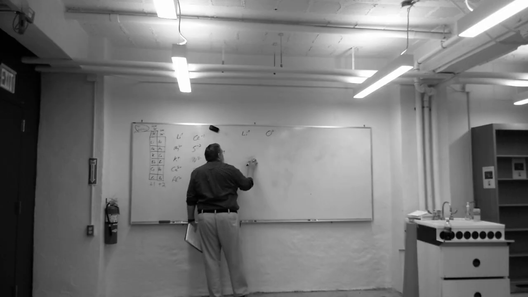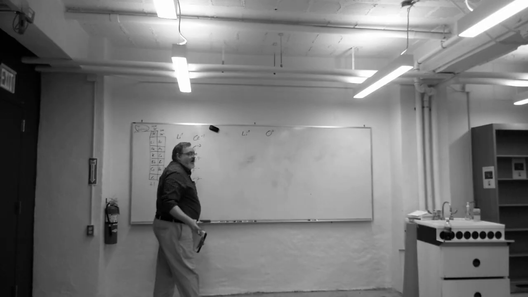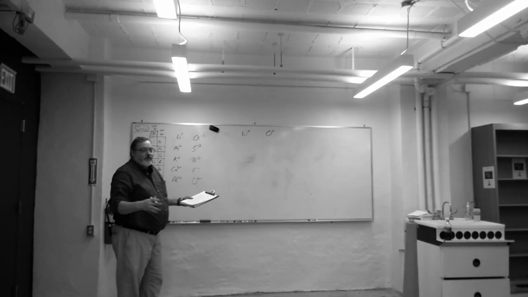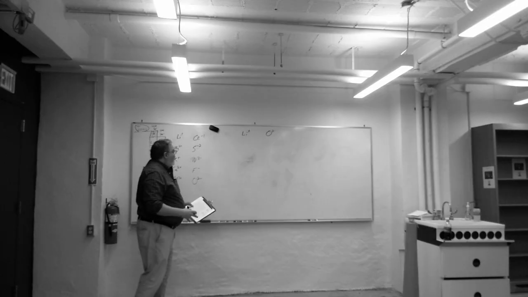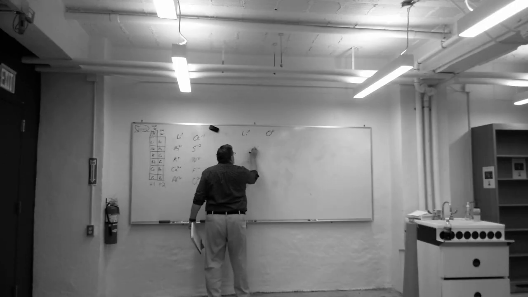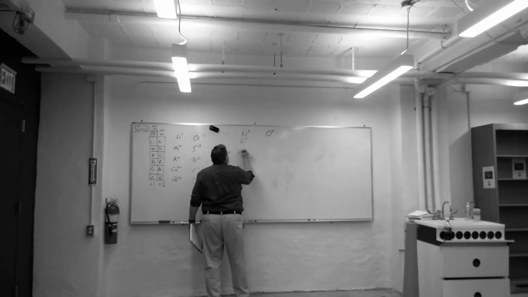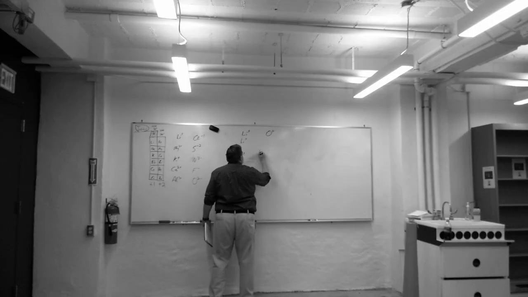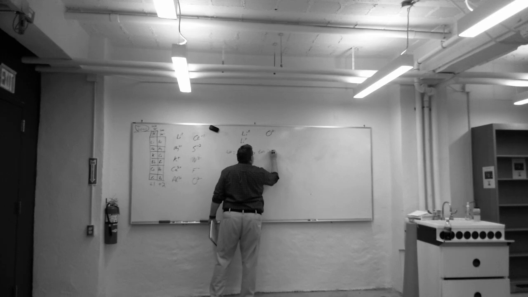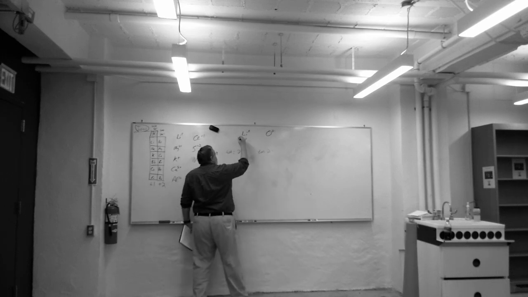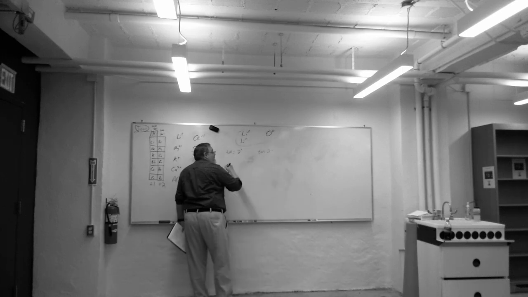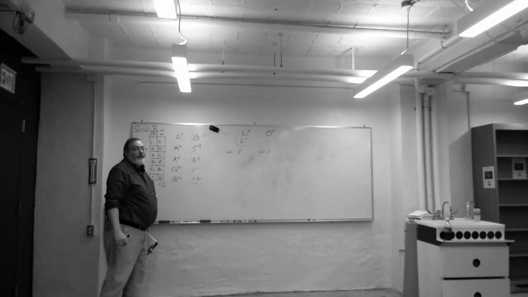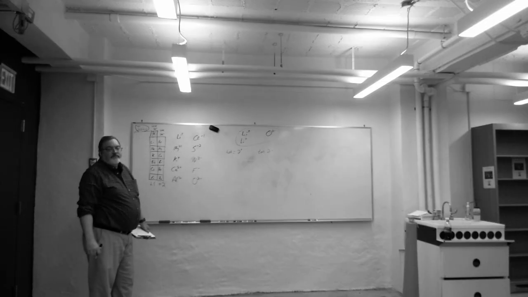If I'm going to make a compound out of these, the ionic compound that you build has to end up being neutral once you stick everything together. So the only way to bring these together and make it neutral is to have 2 lithiums. So now you've got a total of 2 plus and a total of 2 minus. So I have to put these together to make the compound. You with me? That's how you make the ionic compound.